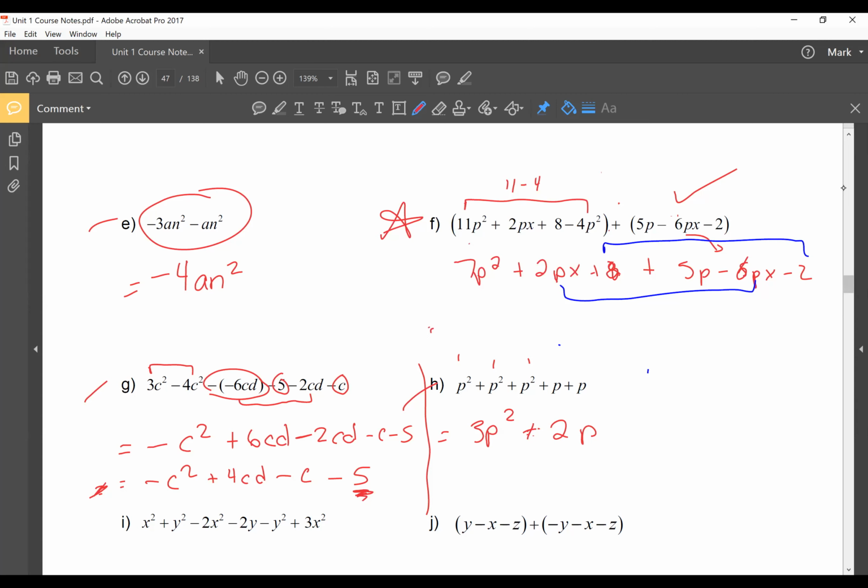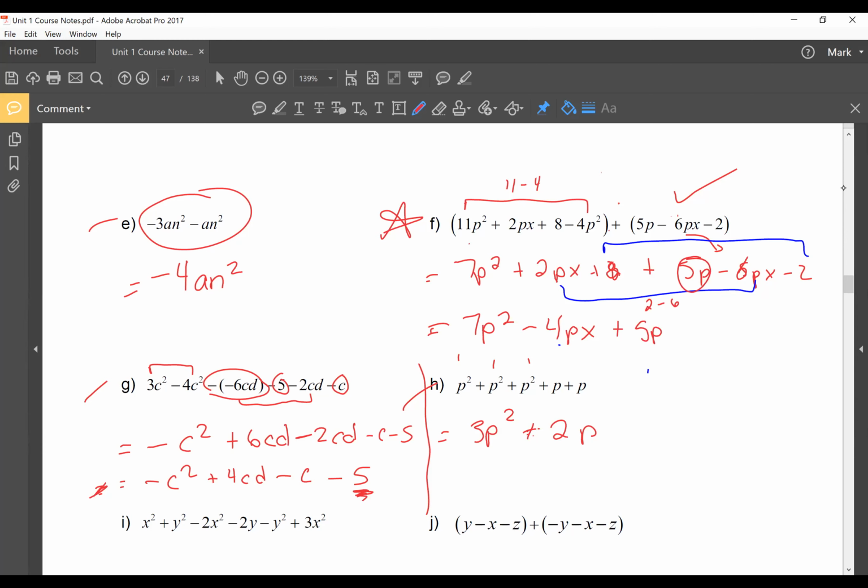Let's see the answer. 7p squared. Nothing we can do with that. 2px minus 6px, so it's a 2 minus a 6. That's negative 4px. Don't forget, guys, you can use your calculators for this. I'm going to write the 5p.